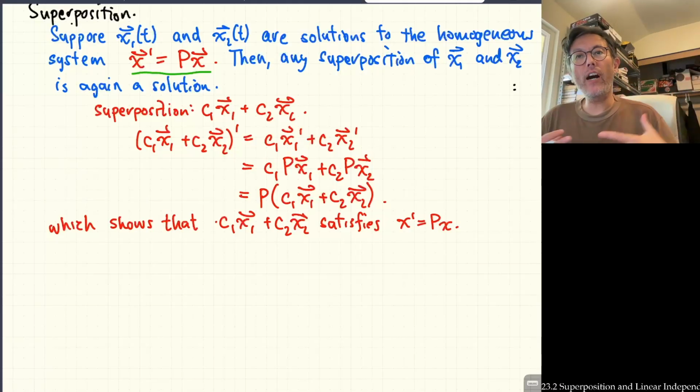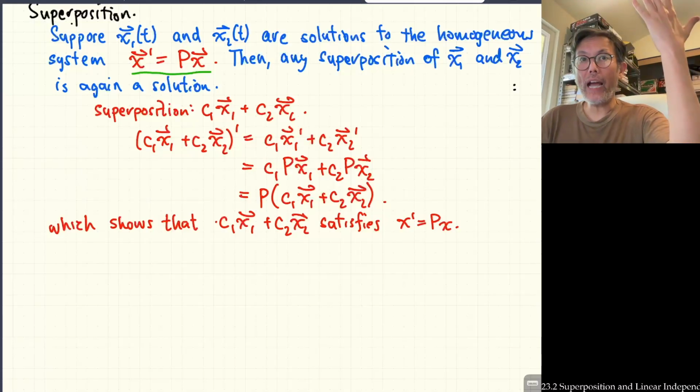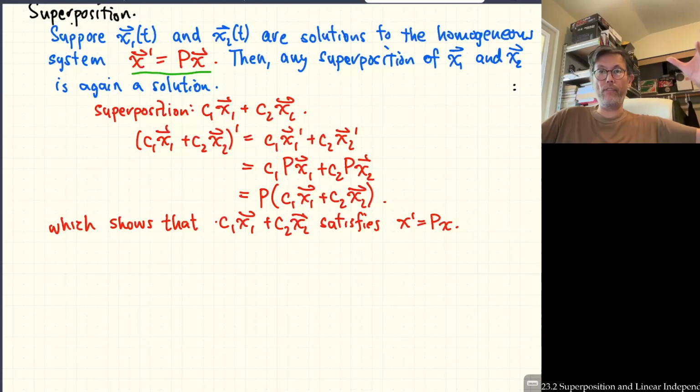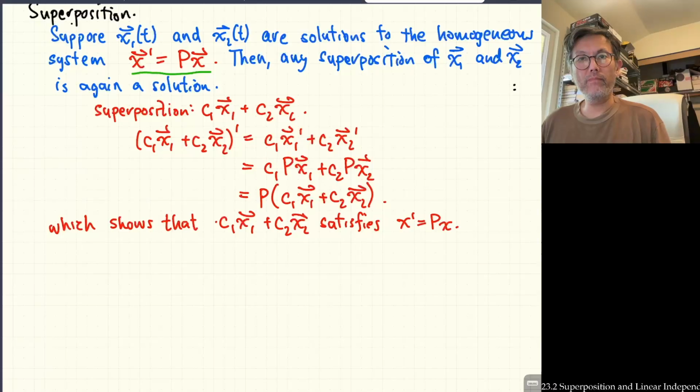So how do we find the general solution to something like x prime equals p x? I mean, what we have now is a method. If we have a bunch of solutions, we can combine them together in a superposition to get new solutions.